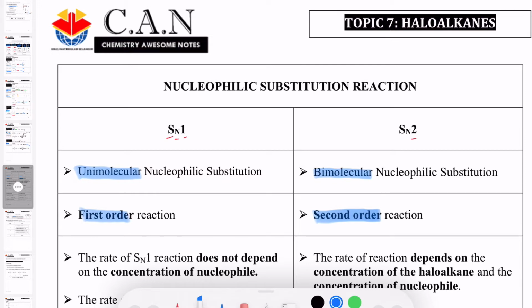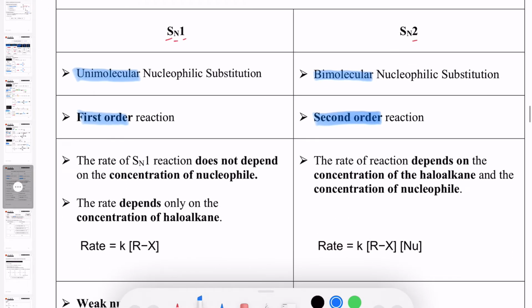So you should know this. Next, the rate of SN1 reaction does not depend on the concentration of nucleophile, and it only depends on the concentration of haloalkane. For SN2, the rate of reaction depends on the concentration of haloalkane and the concentration of nucleophile.